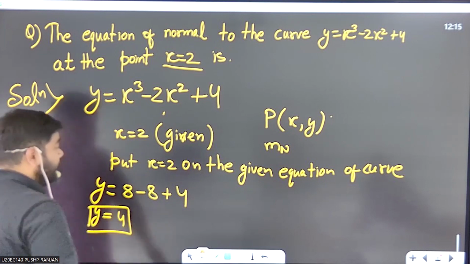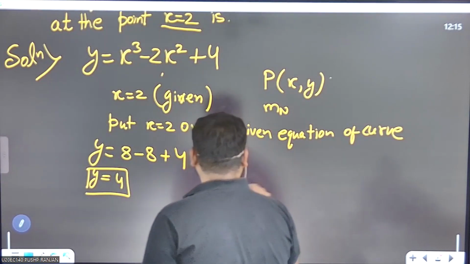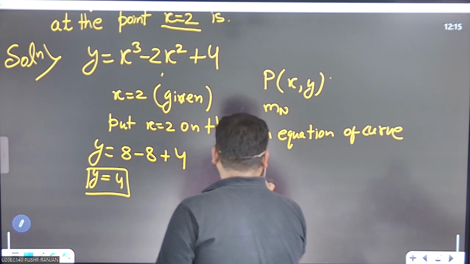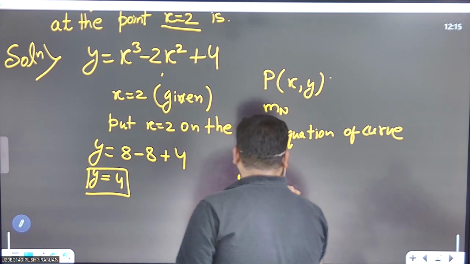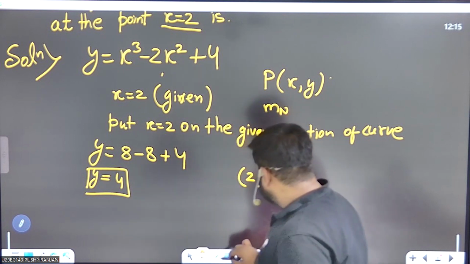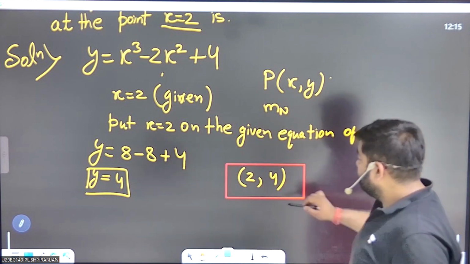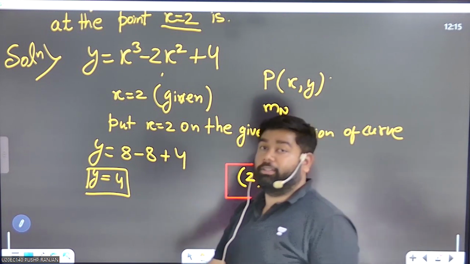Now we have the point. We have the abscissa and ordinate: x equals 2 as given, and y equals 4 that we found. This is the point. Now our target is to get the slope of the normal.